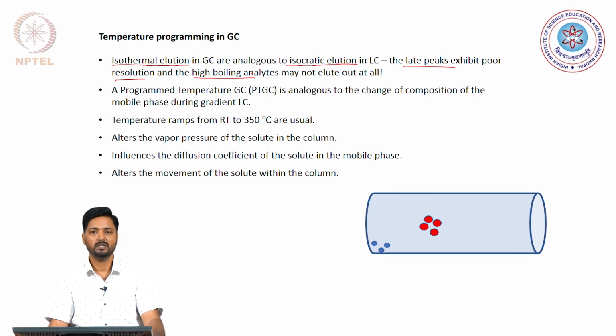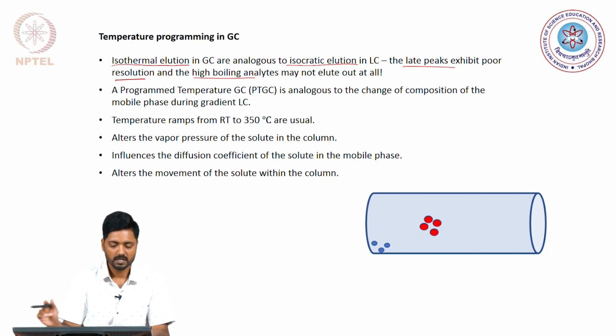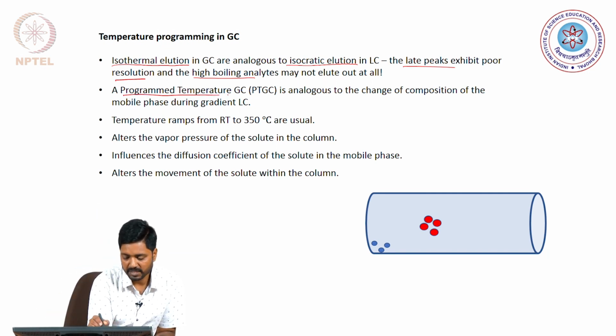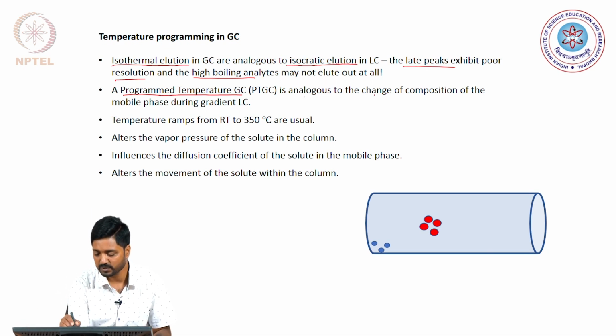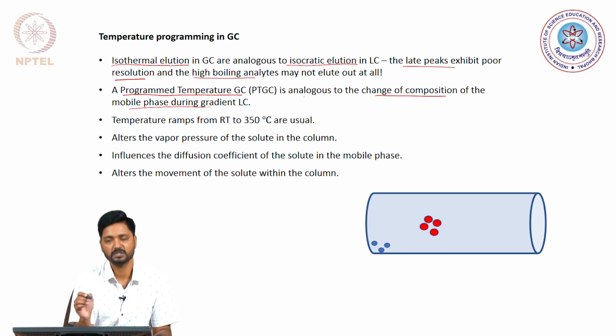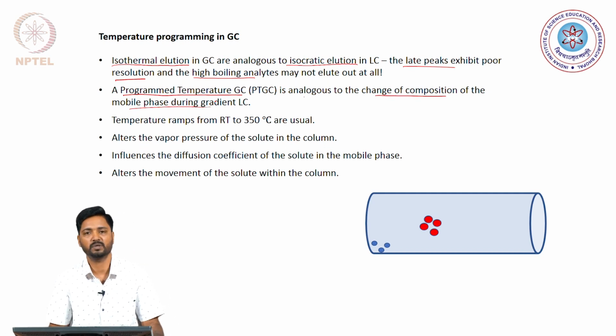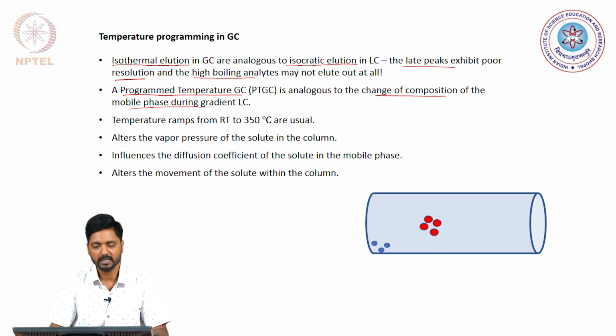So for such challenges, a programmed temperature gas chromatography, which is abbreviated as PTGC, is utilized, and this is actually analogous to the change in composition of the mobile phase during gradient liquid chromatography. So in gradient liquid chromatography we change the composition of our eluent or the mobile phase with time.